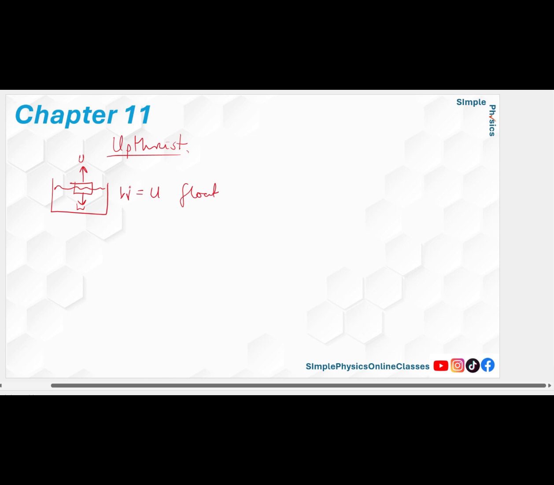If you sink, if you go to the bottom, clearly you've got a weight, but you've still got an upthrust, because the upthrust is due to the pressure difference on the top and the bottom. The pressure on the bottom of the box is greater than the pressure on the top of the box. Here, the weight is greater than the upthrust, so you sink. There is upthrust, you just sink.